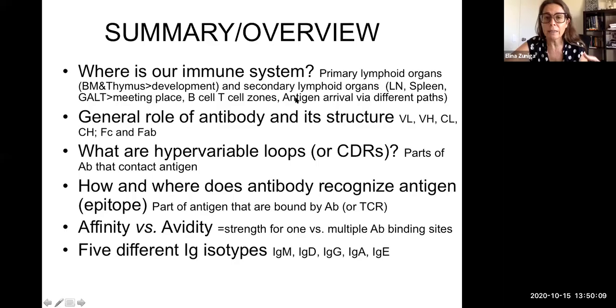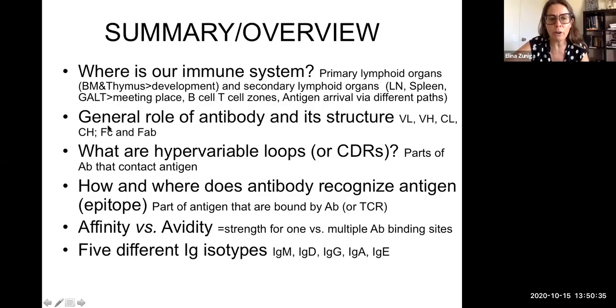And we learned that the antigen arrival to the secondary lymphoid tissues may occur in different ways. So we learned about the general role of antibodies, that they have a variable region in the light chain, a variable region in the heavy chain, a constant region in the light chain, a constant region in the heavy chain, and which are the functions of that, the antigen binding or the biological activity.